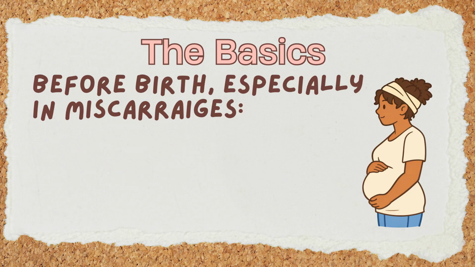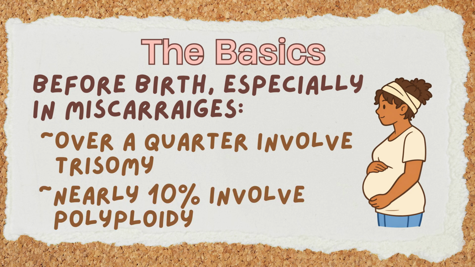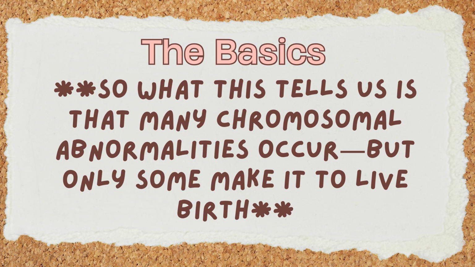But if you look earlier in pregnancy, especially in miscarriages, over a quarter involve trisomy, and nearly 10% involve polyploidy. So what this tells us is that many chromosomal abnormalities occur, but only some make it to live birth.